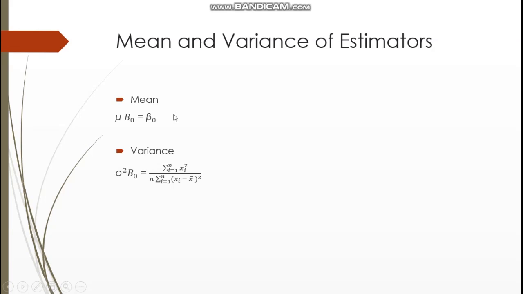So we can find the value of the mean of the estimators. And to find the value of the variance of the estimators, we have to know the values of xi and x bar. And after that, we calculate based on the formula. So we can find the value of the variance of the estimators.